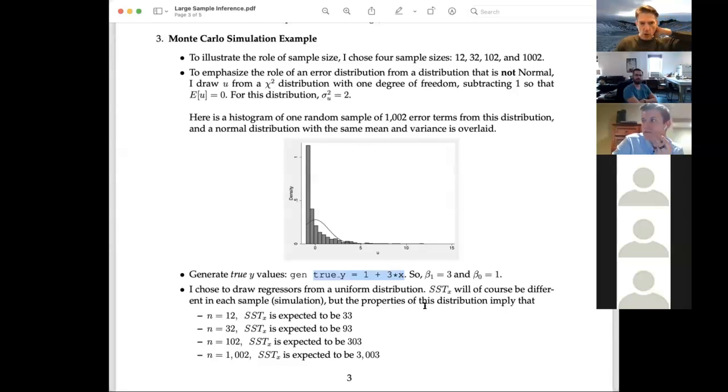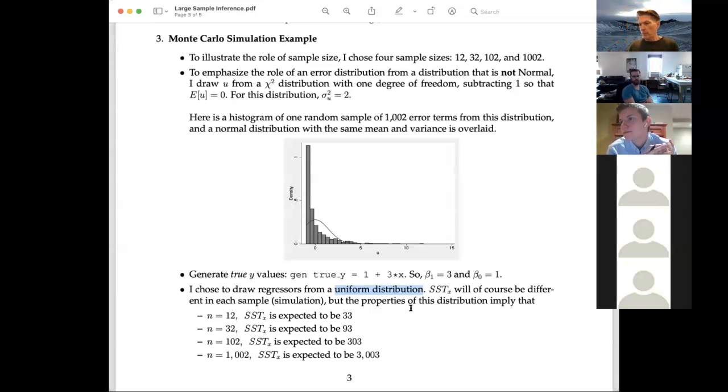I happen to be drawing x from a uniform distribution, and that gives me a very accurate prediction for what I expect the sum of squares total will be. The fact that I chose a uniform distribution, I could choose something else.